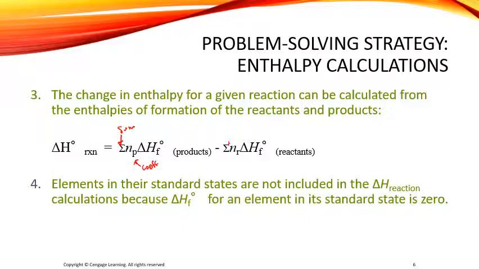So again, products minus reactants, think alphabetical order. P comes before R to help you with that. The elements in their standard states, again, are not included in the delta H for the reaction because their values in the standard state are 0.